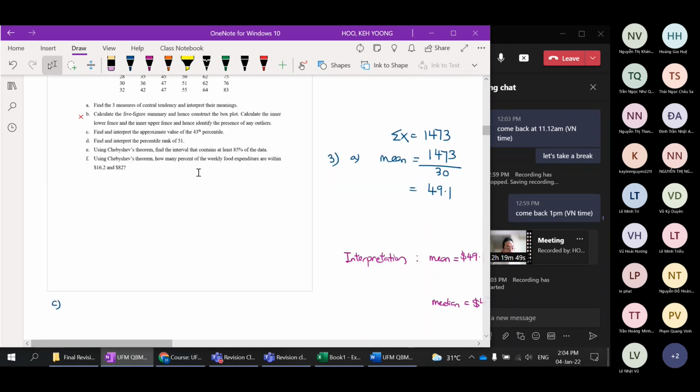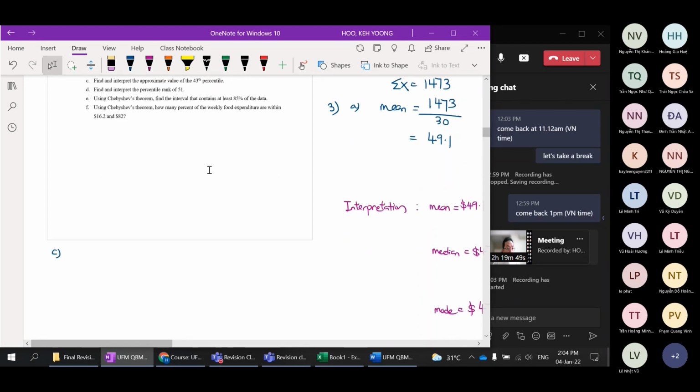Okay, what is the first step to find the 43 percentile? You can use the formula Kn over 100.